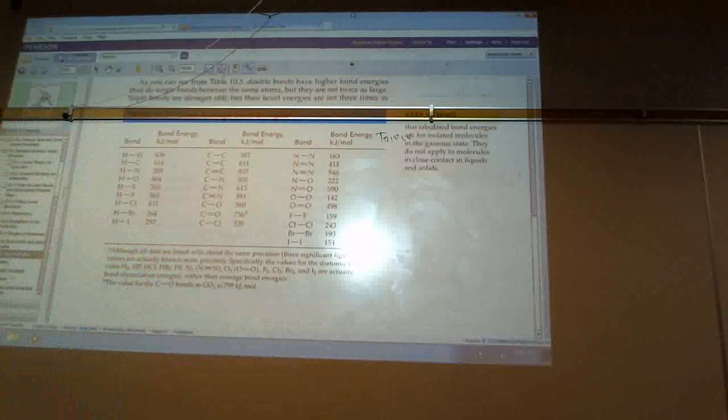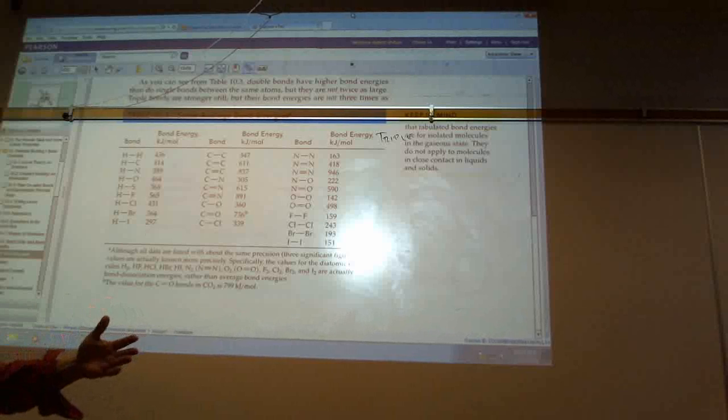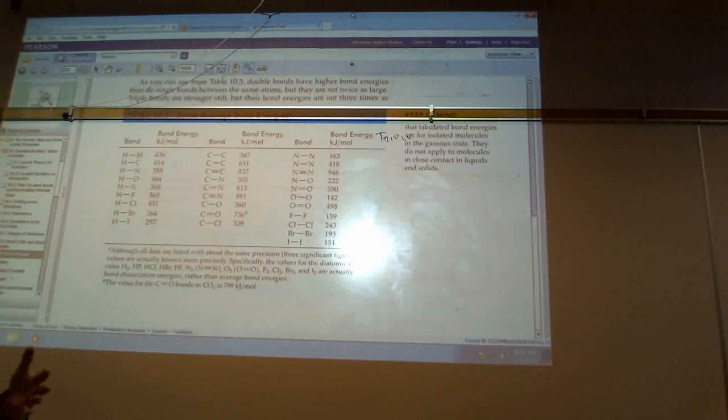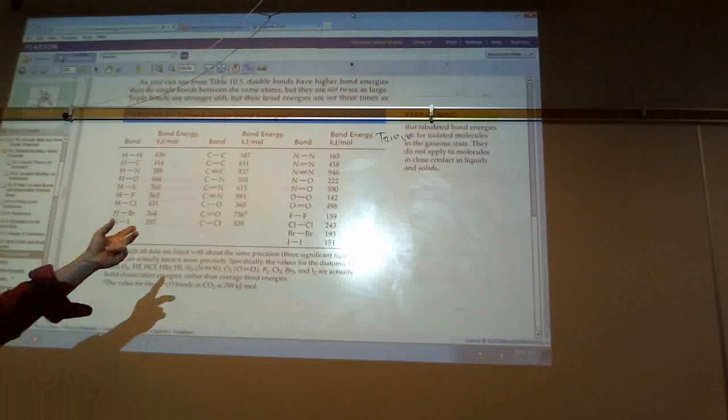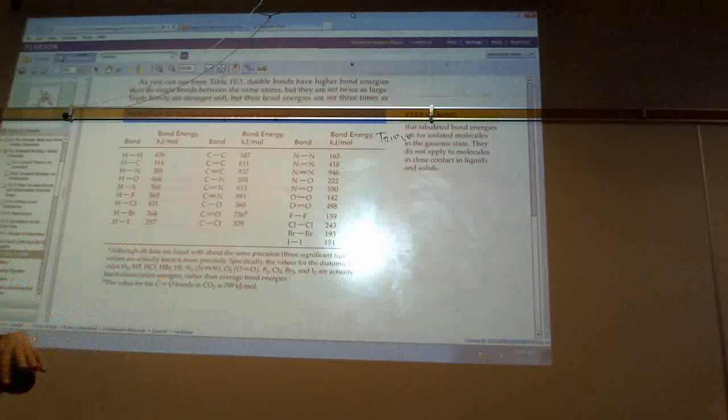If you're given an average, you want to know the spread, right? And you want to know how many samples. Is it just one sample or thousands and thousands of samples? Thousands of different molecules, right?